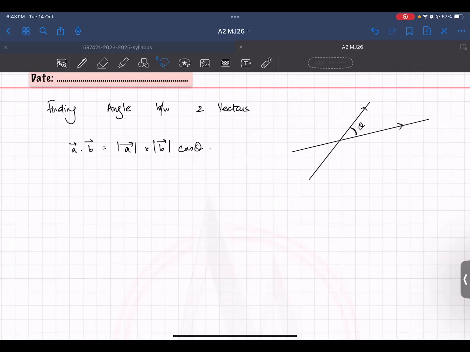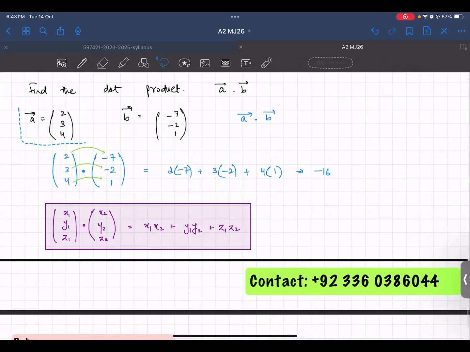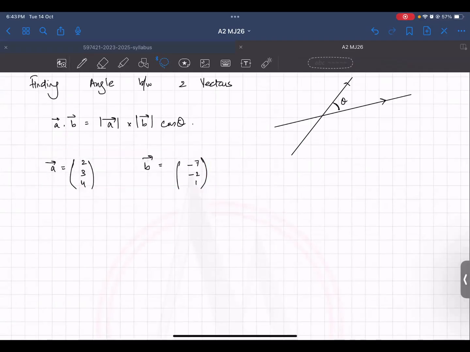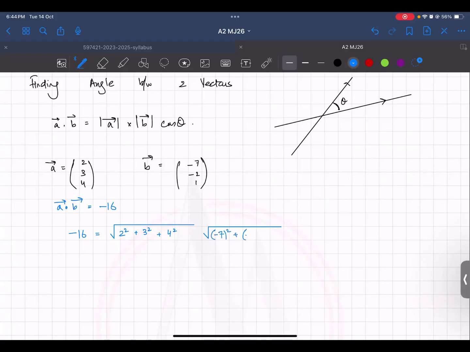So if I use the same question to find the angle between these two vectors, you have already found the dot product. A dot B is minus 16. So minus 16 equals the magnitude of A, which is the square root of x square plus y square plus z square, so 2 square, 3 square, 4 square, multiplied by the square root of the other one's magnitude, minus 7 square, minus 2 square, and 1 square, into cos theta.